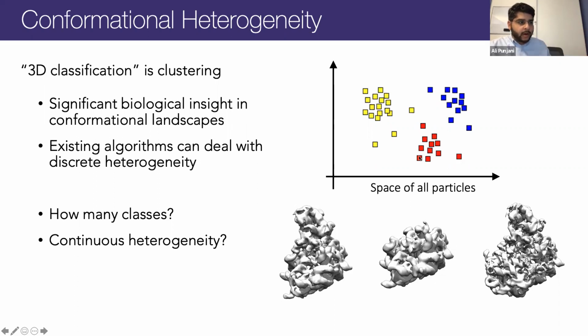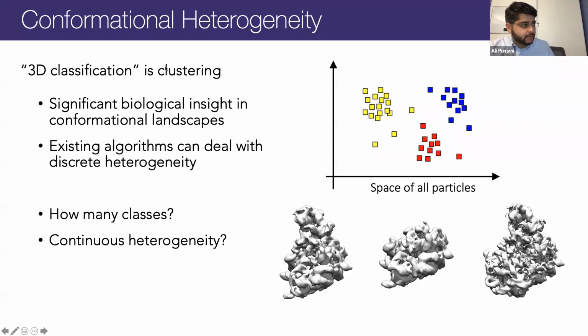When our model says that we have multiple different discrete objects in the sample, each of those discrete objects will give rise to images that are similar and cluster together in the space of all particles. On the other hand, if we had continuous flexibility, instead of discrete clusters, we might find a continuous band, or what we call a manifold, of particles in that space of images. So that's the kind of large overview picture of how we can think about conformational landscapes.